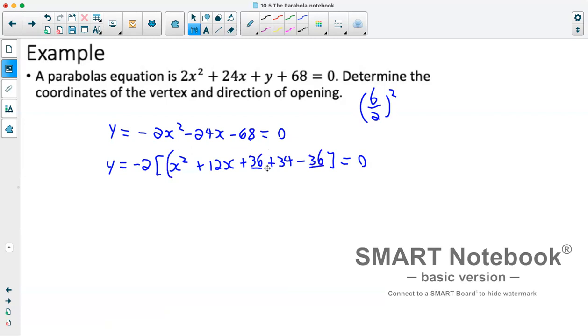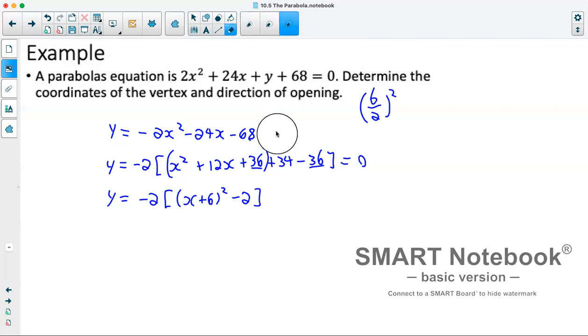Now these first three terms form our perfect square trinomial. So we've got y equals -2 times (x plus 6) squared, and then combining these, we get -2. We'll expand this out.